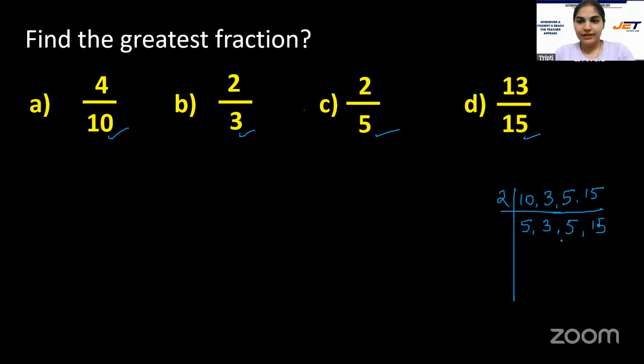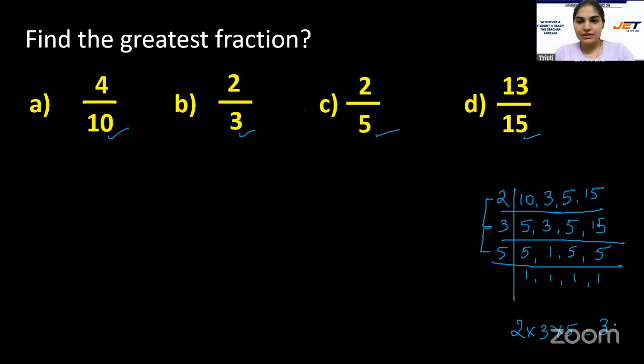I'm doing this to find the LCM, least common multiple. 3 times 1 is 3, 3 times 5 is 15, then 1, 1, 1, 1. So 2 times 3 is 6, 6 times 5 is 30. Means the LCM is 30.